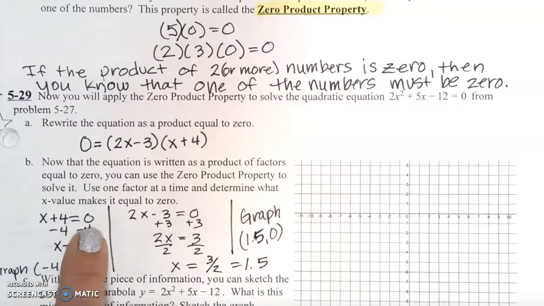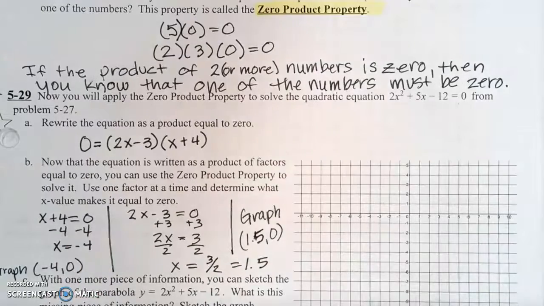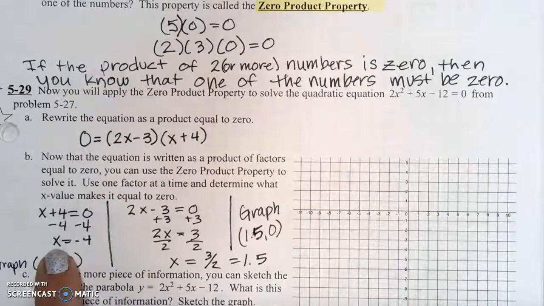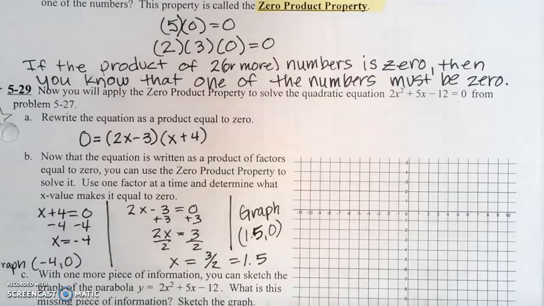I set x plus 4 equal to 0. I subtract 4 from both sides, and I get x equals negative 4. When you get x equals negative 4, that gives you a point. That point is going to be negative 4, comma 0, because we set it equal to 0.